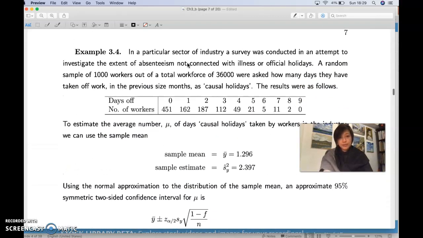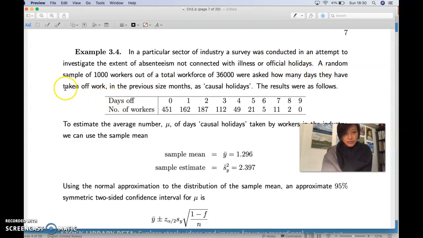Okay, one more example. In a particular sector of industry, a survey was conducted in an attempt to investigate the extent of absenteeism not connected with illness or official holiday. So that means whether the staff are being absent but not really ill, and not taking official holiday.